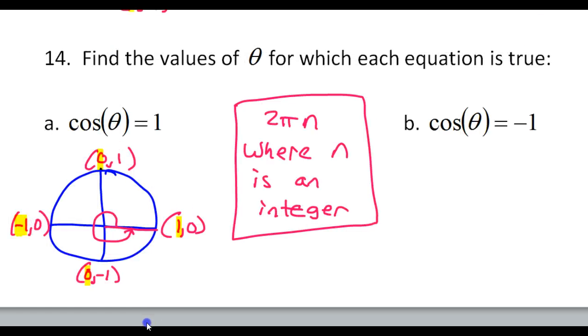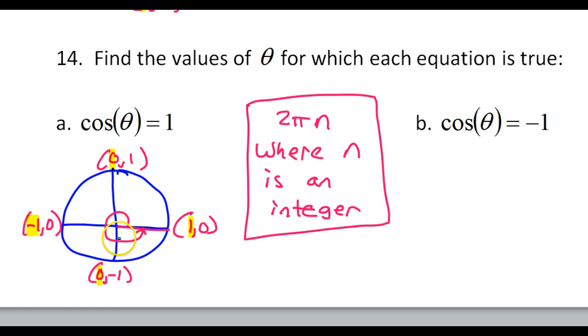Okay, look at part B here. I don't feel like drawing a whole new picture. Just look back at the previous picture because it's the same info. Where is the cosine equal to negative 1? Well, cosine is equal to negative 1 over here. We're talking about over here, and cosine is equal to negative 1 here at pi.